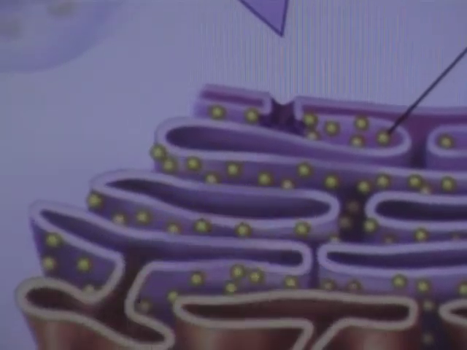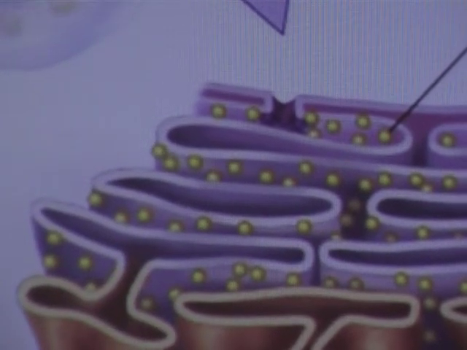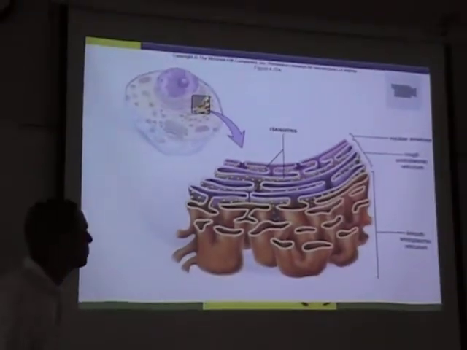And the proteins collect in this area. After they're made, the proteins collect inside this endoplasmic reticulum, and the endoplasmic reticulum forms a membrane around the proteins to hold them and store them and protect them.